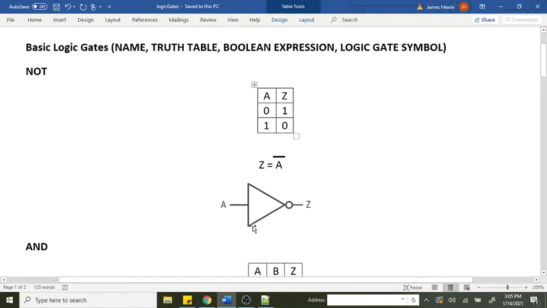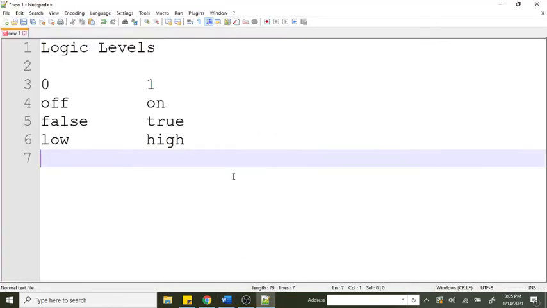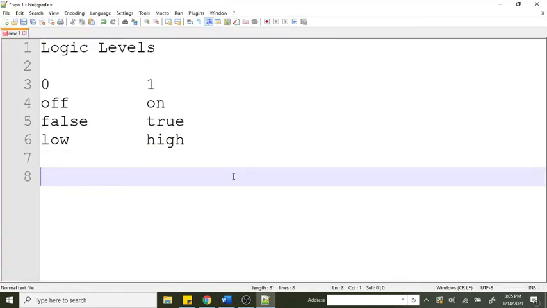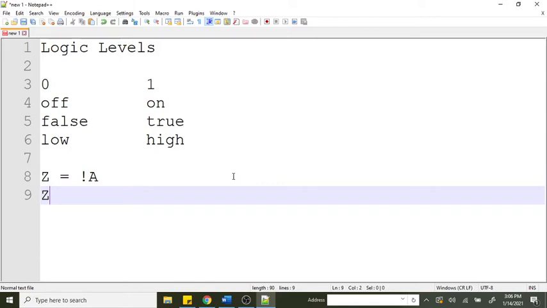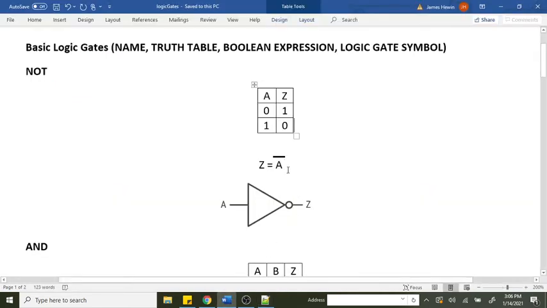One other less common way you could see is something like an exclamation point in front of the A, and quite possibly you might see a tilde in front of the A, but by far the most common is going to be the bar over the variable to denote its inverse, its logic inverse.